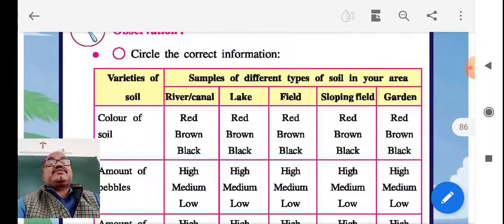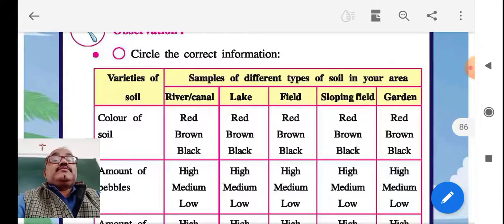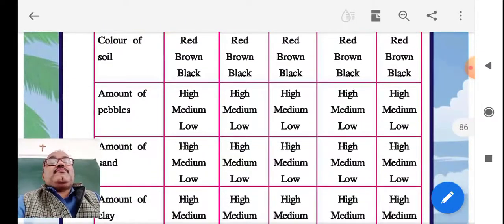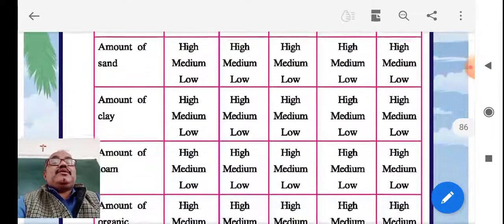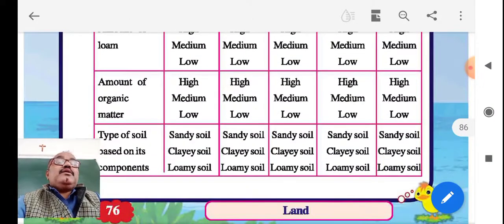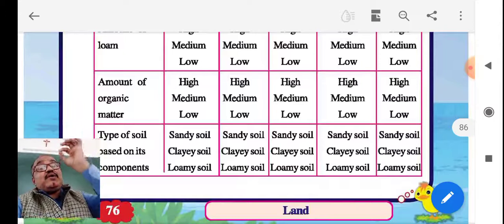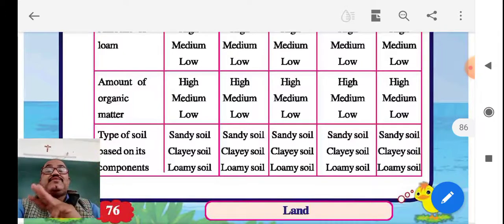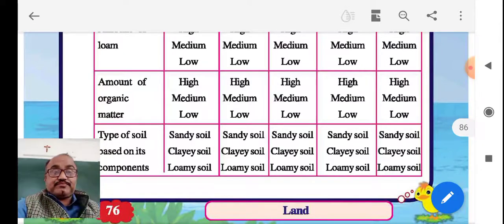Then afterwards there is a table with information based on the color of soil, amount of pebbles, amount of sand, amount of clay, amount of loam, and amount of organic matter. After analyzing everything, we have to divide the soil into three types: sandy, clayey and loamy soil.